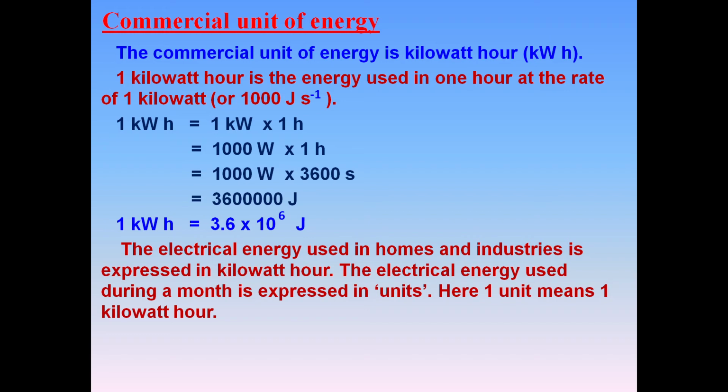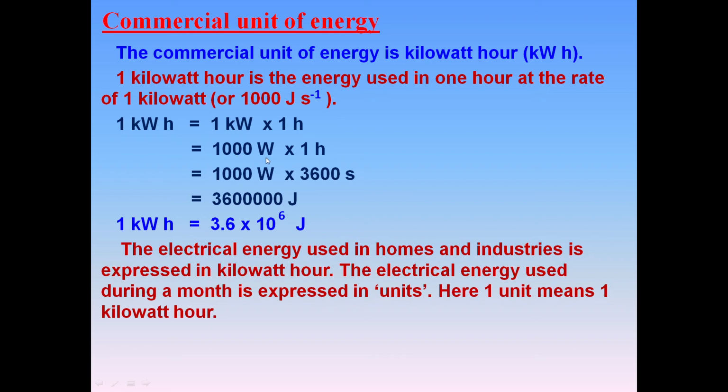Now let us understand the relation between commercial unit of energy and SI unit of energy. It means we will correlate kWh and joule. So 1 kilowatt hour is equal to 1 kilowatt into 1 hour, and 1 kilowatt is equal to 1000 watt.